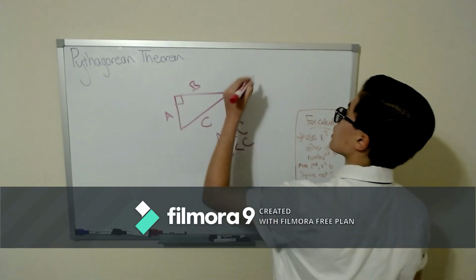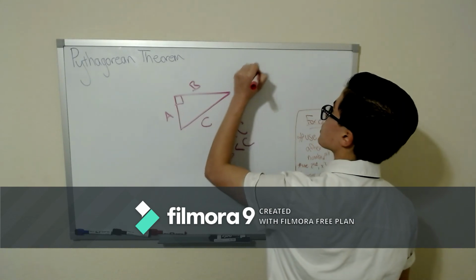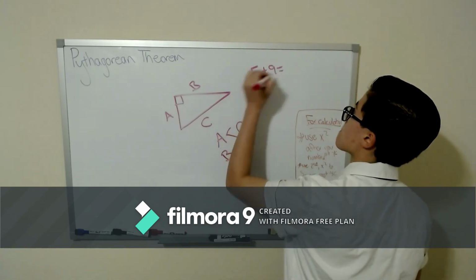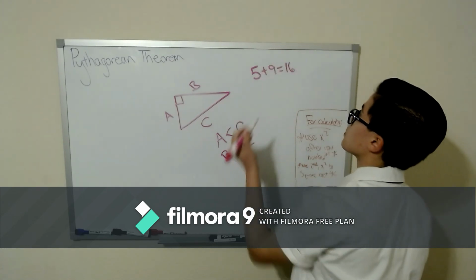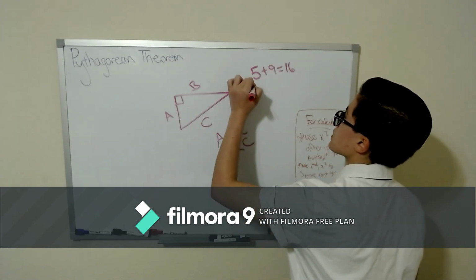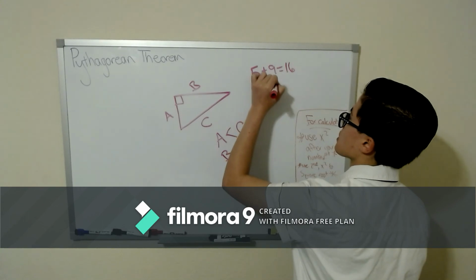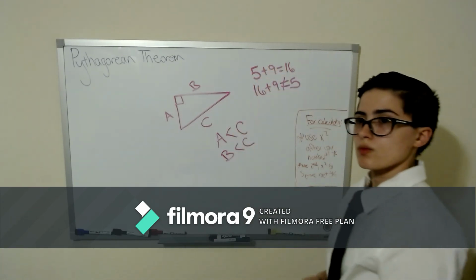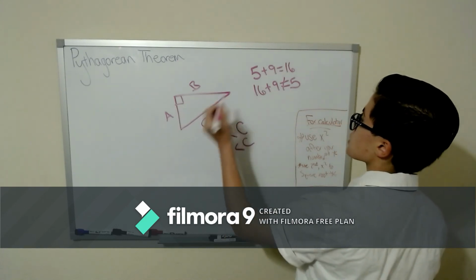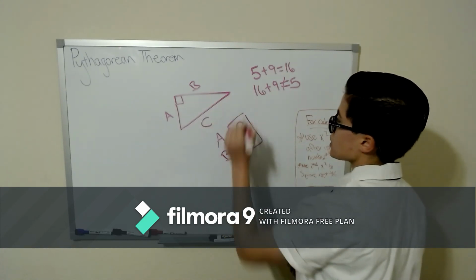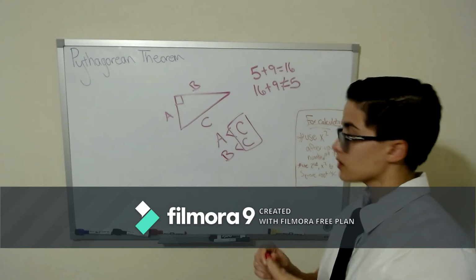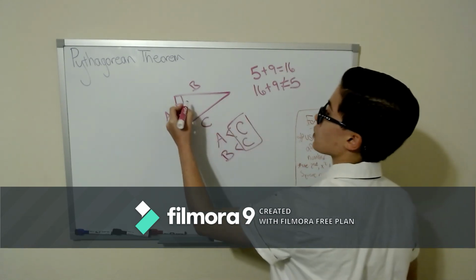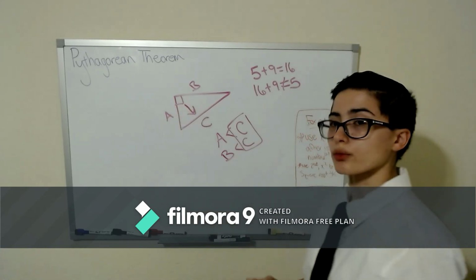So when, say, 5 plus 9 equals 16, 16 plus 9 would not equal 5. So C will always be the biggest number. If you see it in any other way, that equation will not be able to be solved.